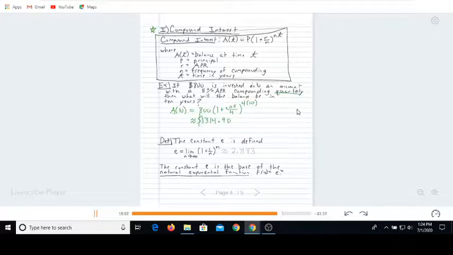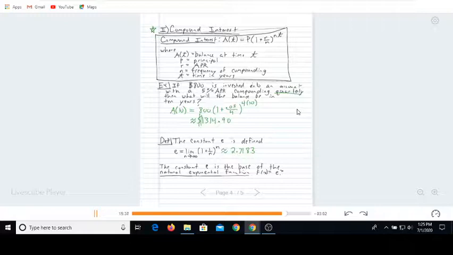So as you can see, if we let the n go to infinity, you're basically talking about a continuous frequency of compounding. And this actually converges to a constant, which is quite fascinating. And that constant is approximately 2.7183. So, in other words, you start getting diminishing returns on the frequency of compounding.